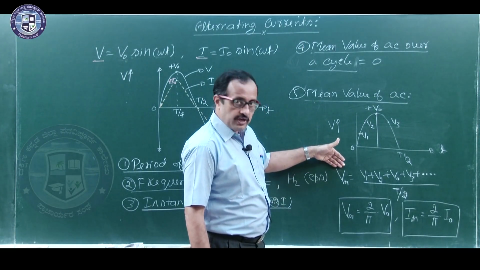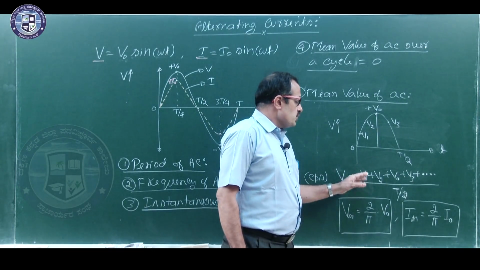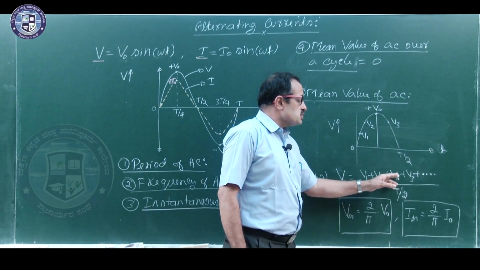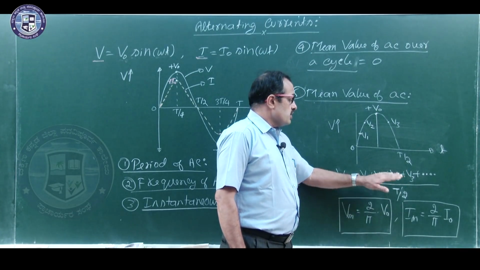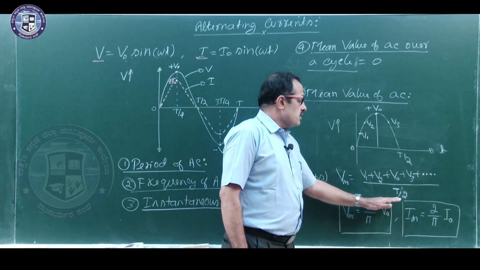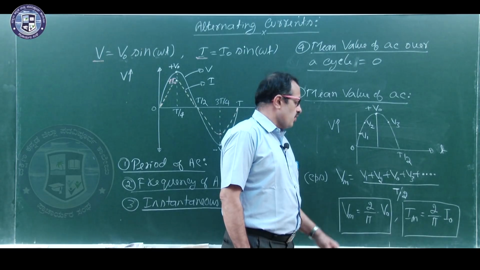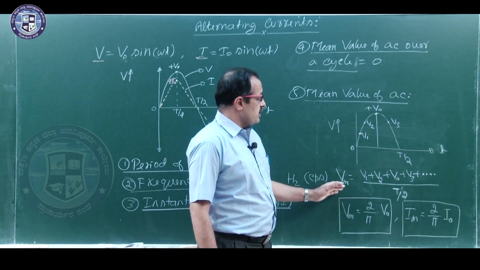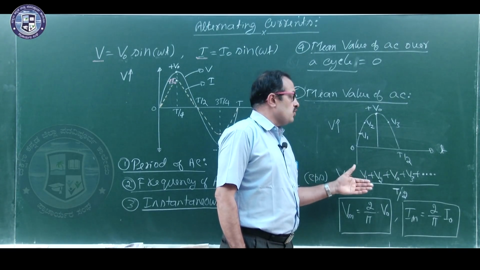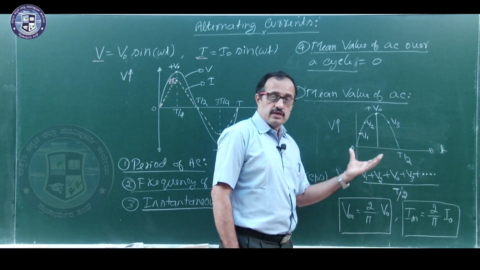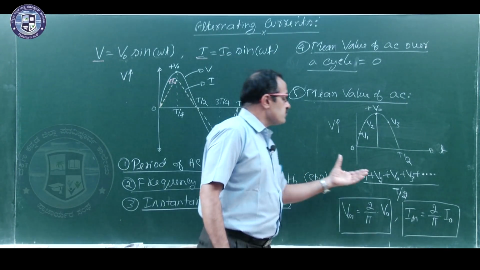Mean value of AC is defined as the ratio of the sum of the instantaneous voltages divided by half of the time period, or mean value of AC is defined as the average of the instantaneous value only for half cycle.